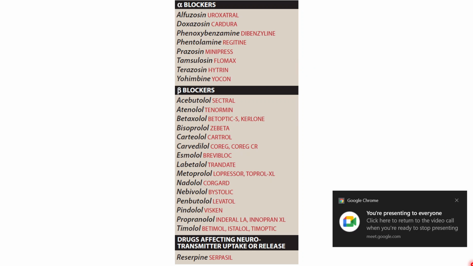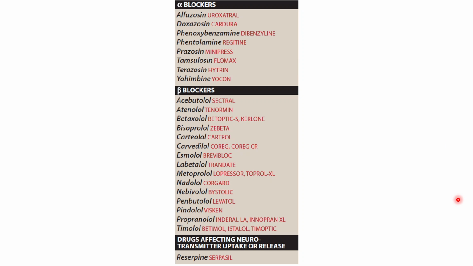Then the blocking of the alpha adrenoreceptors will lead to a decrease in the blood pressure and also a decrease of the peripheral vascular resistance, and that leads to reflex tachycardia because of the decrease in the blood pressure.